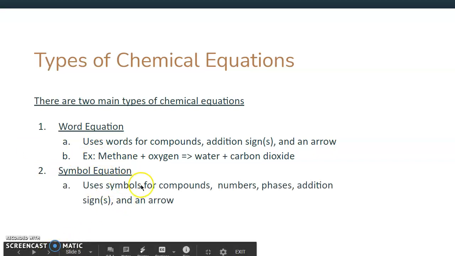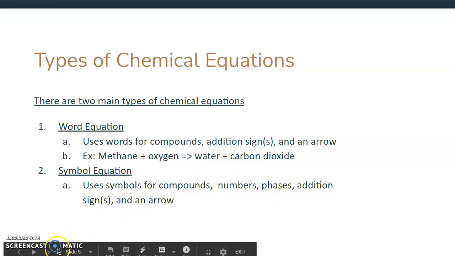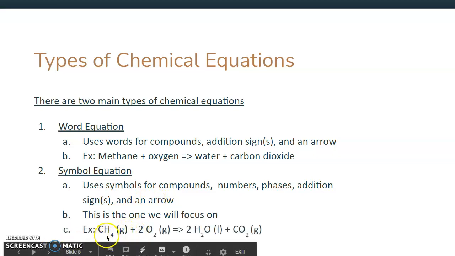They use symbols for our compounds, letters for phases, as well as addition signs and an arrow. So what does that look like? It looks like CH4. So CH4 in the gas phase plus 2 oxygen, O2, in the gas phase gets converted into 2 H2O, which is in a liquid phase, and CO2, which is a gas phase.